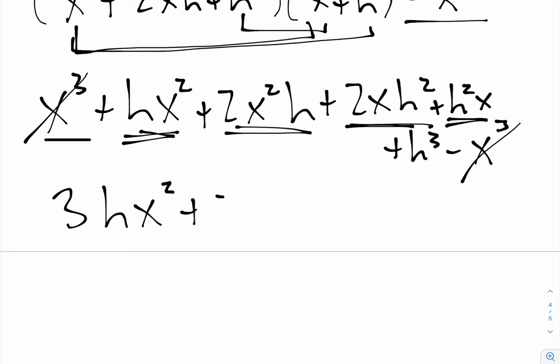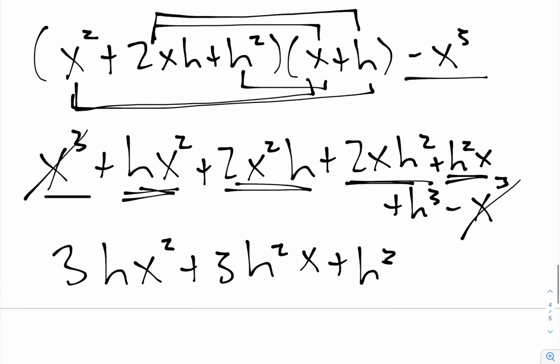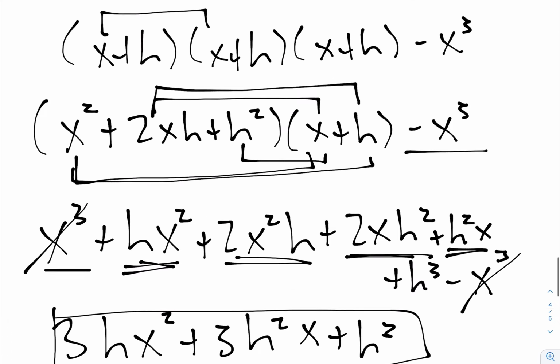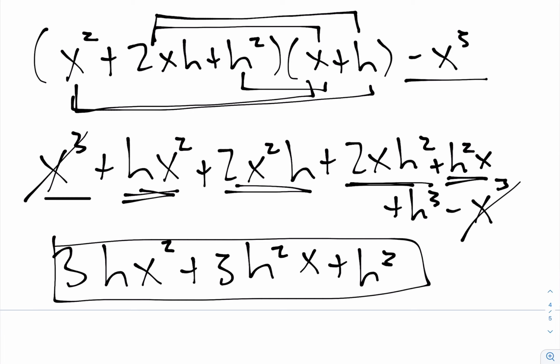So that's going to be plus 3x h squared. Okay, and then we're going to have plus h to the 3. Okay, so this is the simplified version of our numerator. So that's going to be 3hx squared plus 3h squared x plus h cubed.